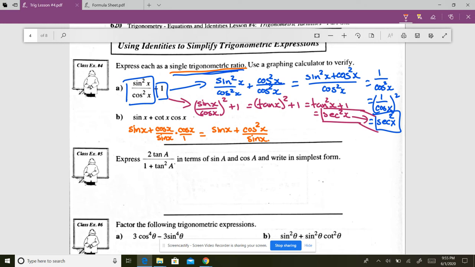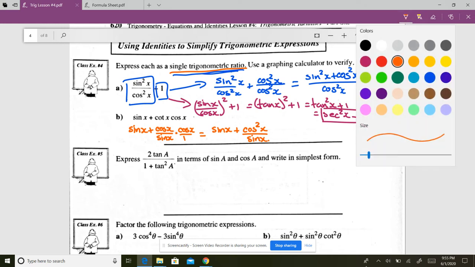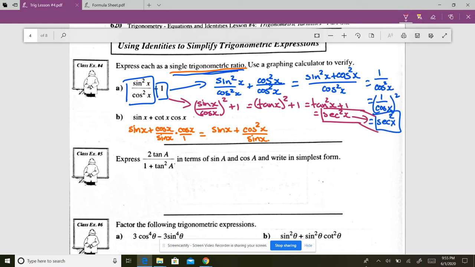We have sine here, so I need a sine on this one. So I multiplied top and bottom by sine. Sine times sine is sine squared, so I end up with sine squared of x over sine of x plus cos squared of x over sine of x.